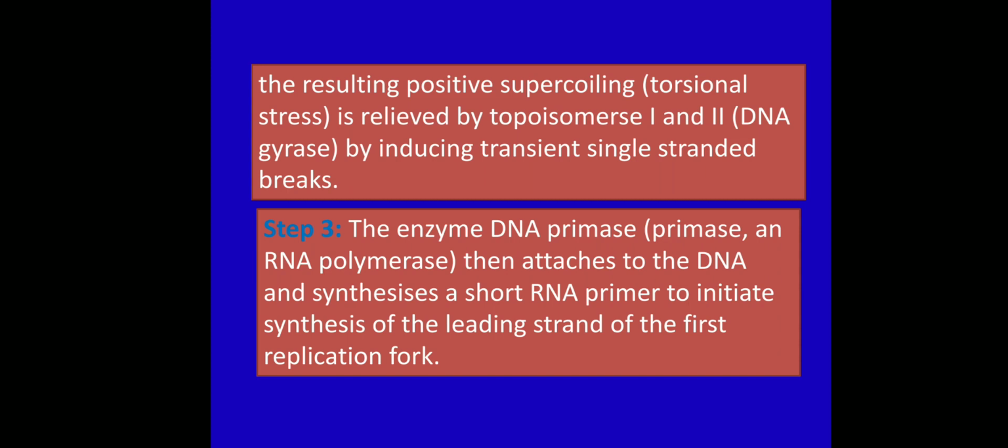And in step 3, the enzyme DNA primase, that means the primase, an RNA polymerase, then attaches to the DNA and synthesizes a short RNA primer to initiate synthesis of the leading strand of the first replication fork.